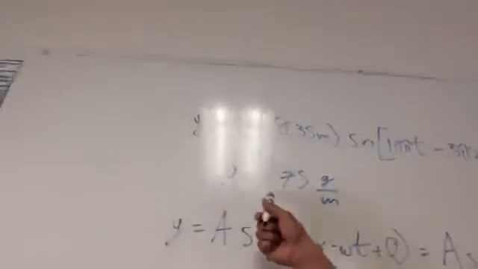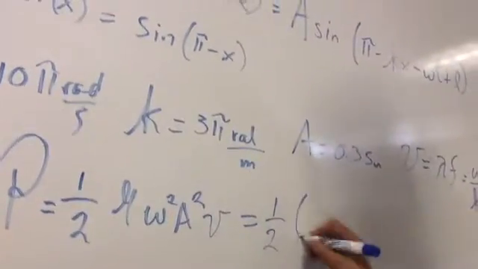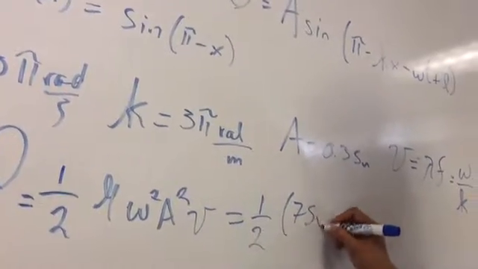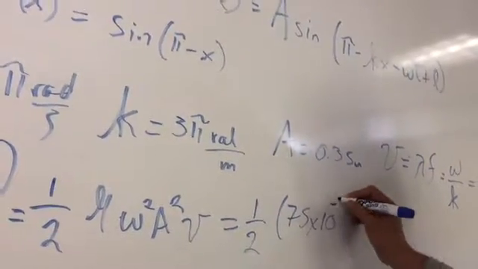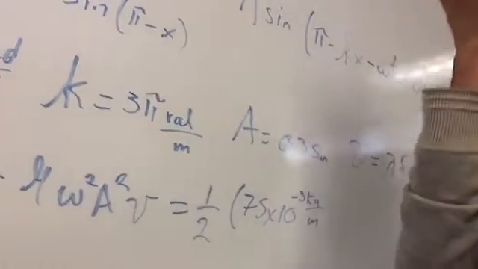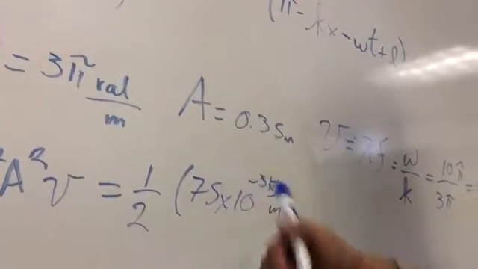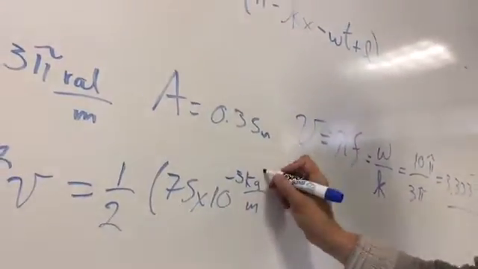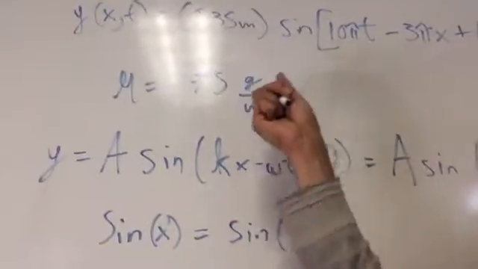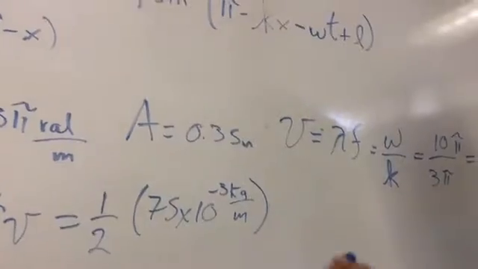The density is given here: 75 times 10 to the −3, because I will put it in kilograms per meter, and it is given in grams per meter. That's why I write it like this.